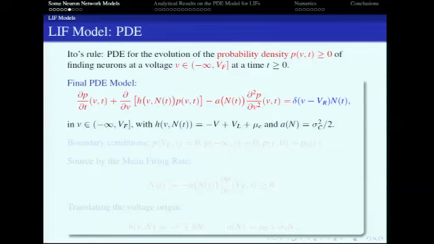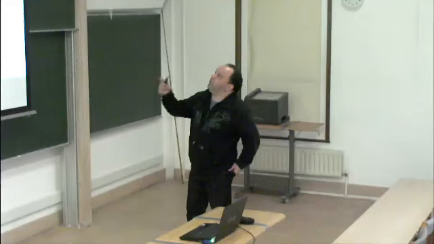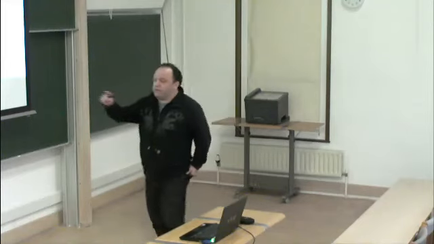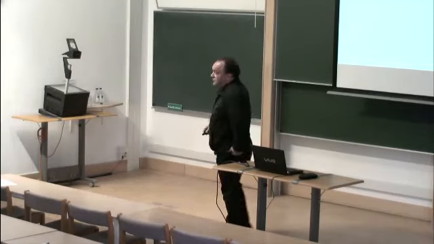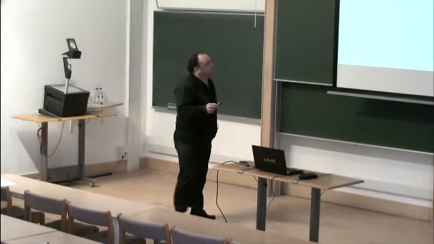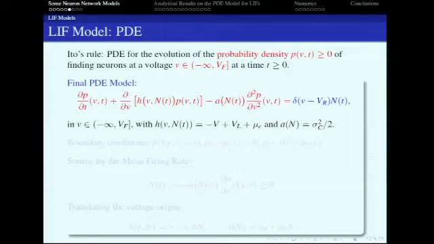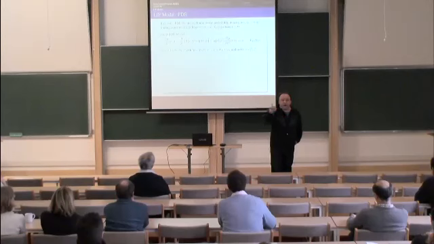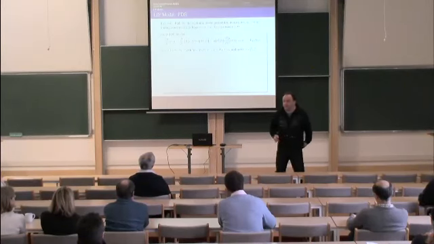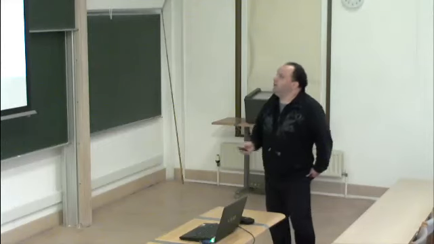And now how you incorporate the threshold voltage and the effect of all the neurons that arrive at the threshold voltage: they have to appear at the reset value. So what you have now is a source, which is exactly located as a delta at the V_R voltage, the reset voltage, given by how many neurons arrived at the threshold value. So you have this N(t) there.